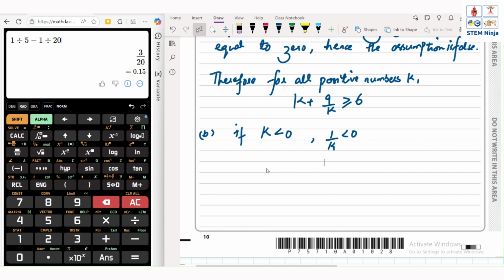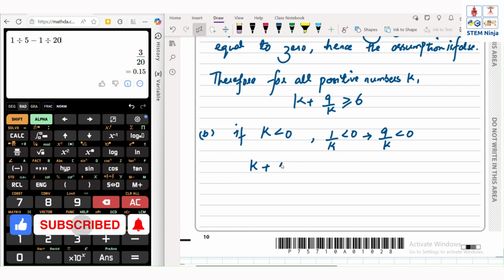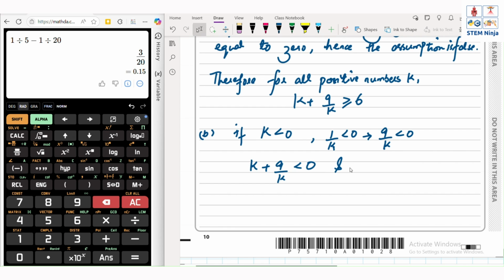So this must mean that 9 over k also is less than 0. So k plus 9 over k is less than 0 and cannot be greater than 6.